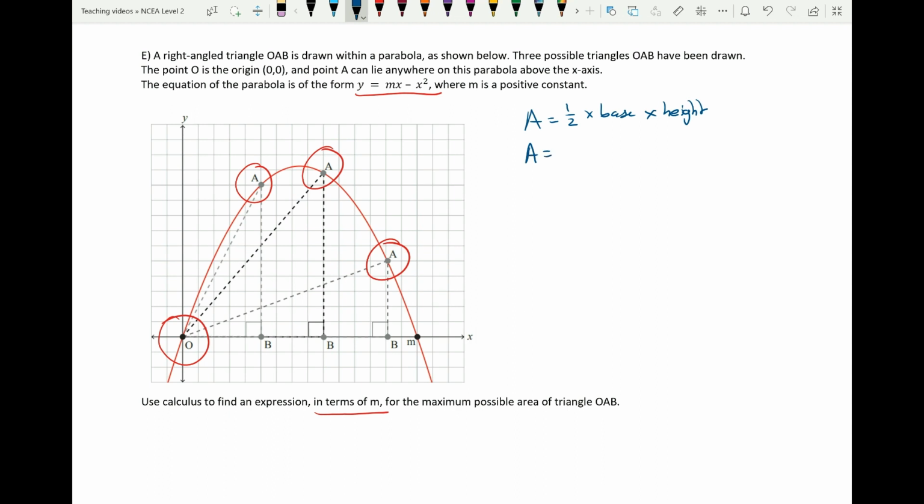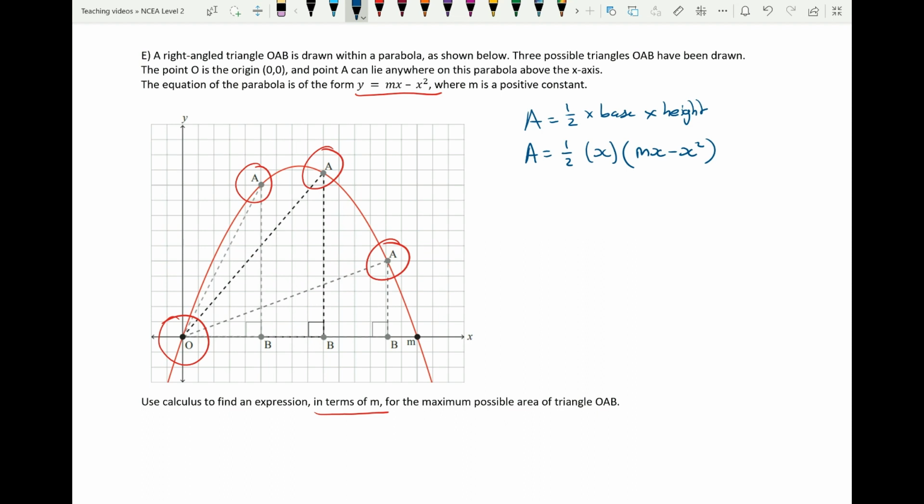So the base of this triangle will be the x coordinate, so I'm going to go half times x. And the height will be the y coordinate, which is going to be on that red parabola. So that's going to be given to us by mx minus x squared. So half base times height.